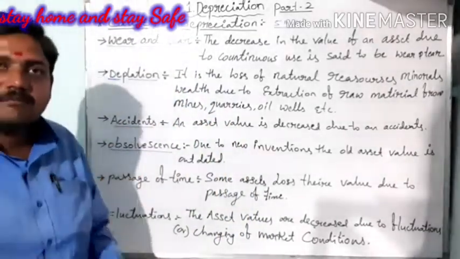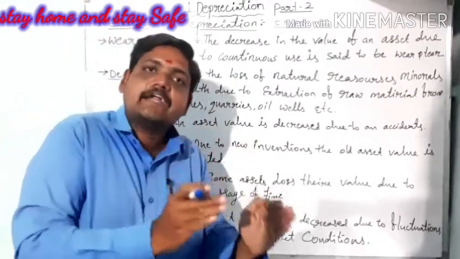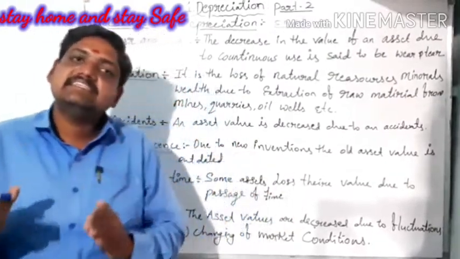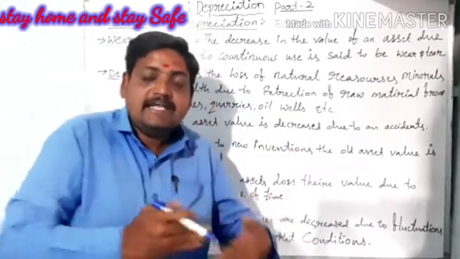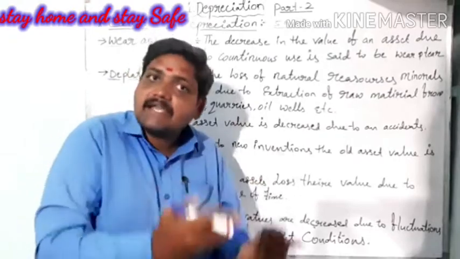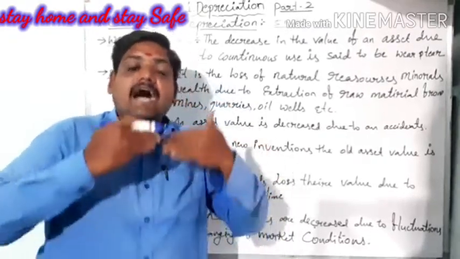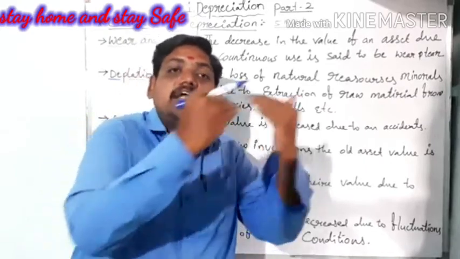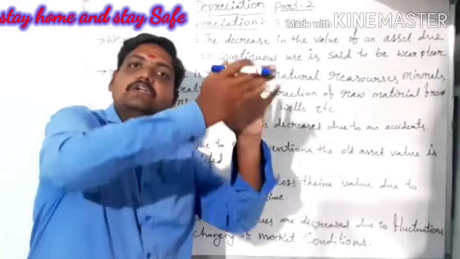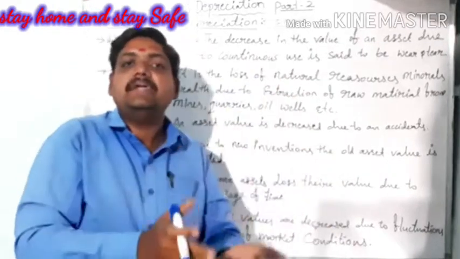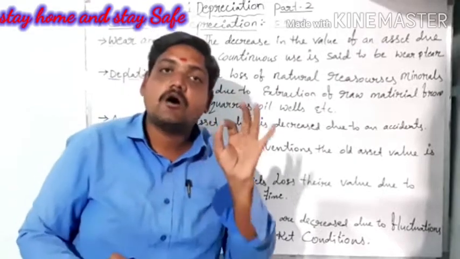Obsolescence is the result of the existence of new technology and new innovations in the market. New equipment and new assets come into existence. At that moment, the old or outdated technology decreases in value. That is called obsolescence.